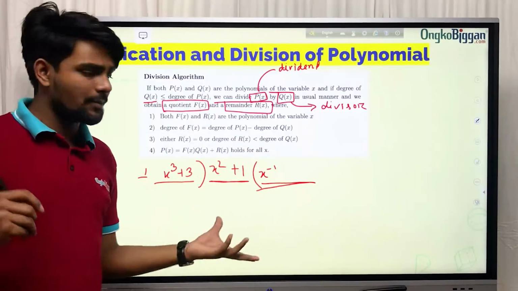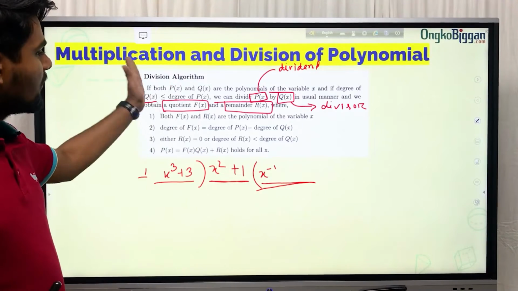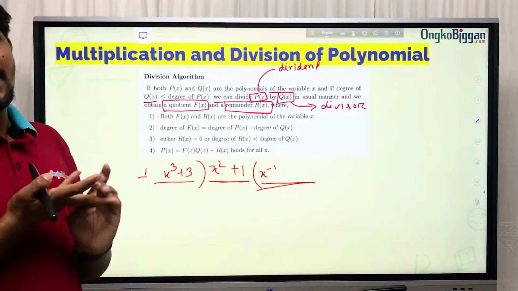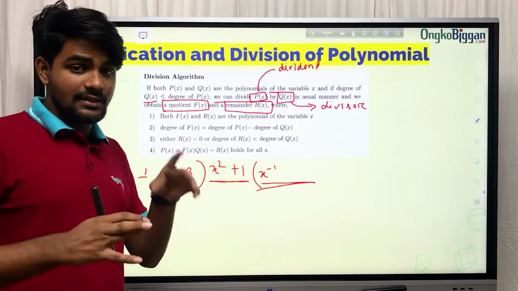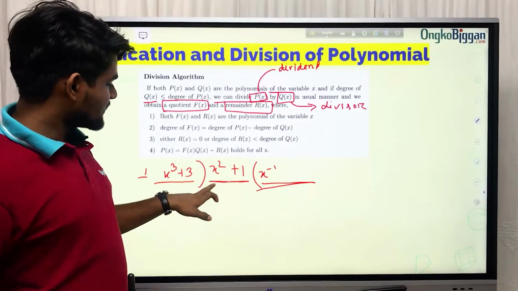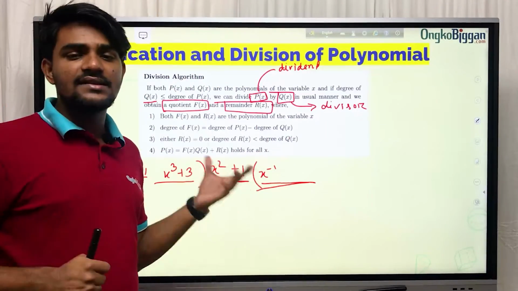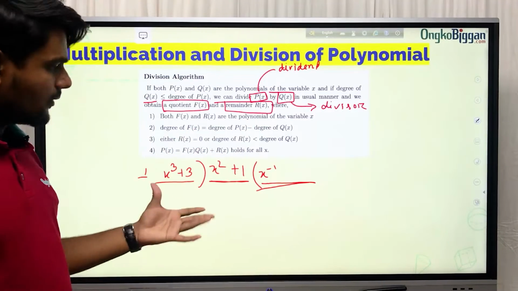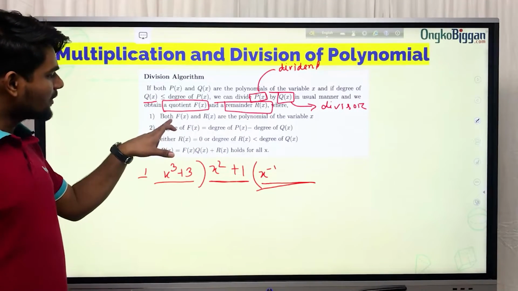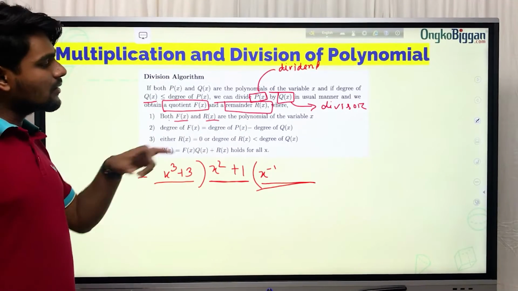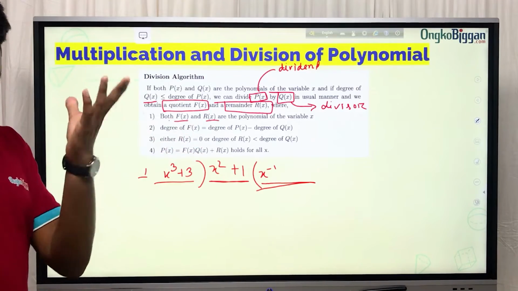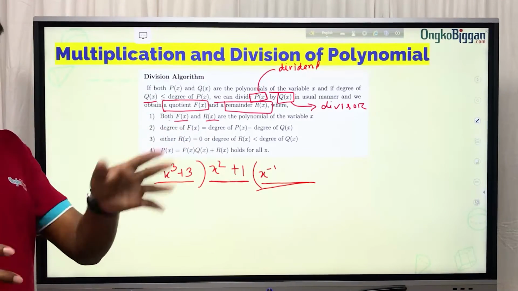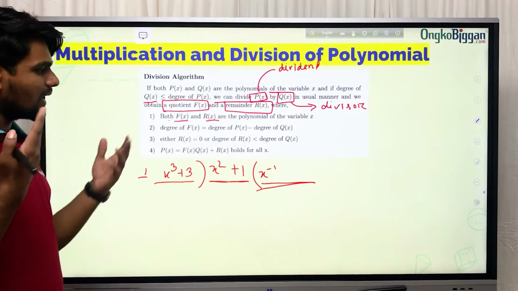For that, if we take the power of q(x) smaller than the power of p(x), that is, the power of the dividend larger than the power of the divisor, we will get the quotient and the remainder as polynomials of variable x.